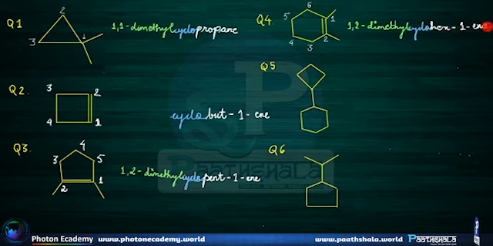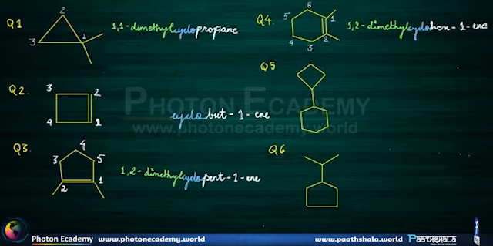If you look carefully, I've used the same rules that we've learned earlier: between a number and a number there's a comma, between a number and a word there's a hyphen, between two words there is no space. So these are the key rules when we are practicing nomenclature of compounds.